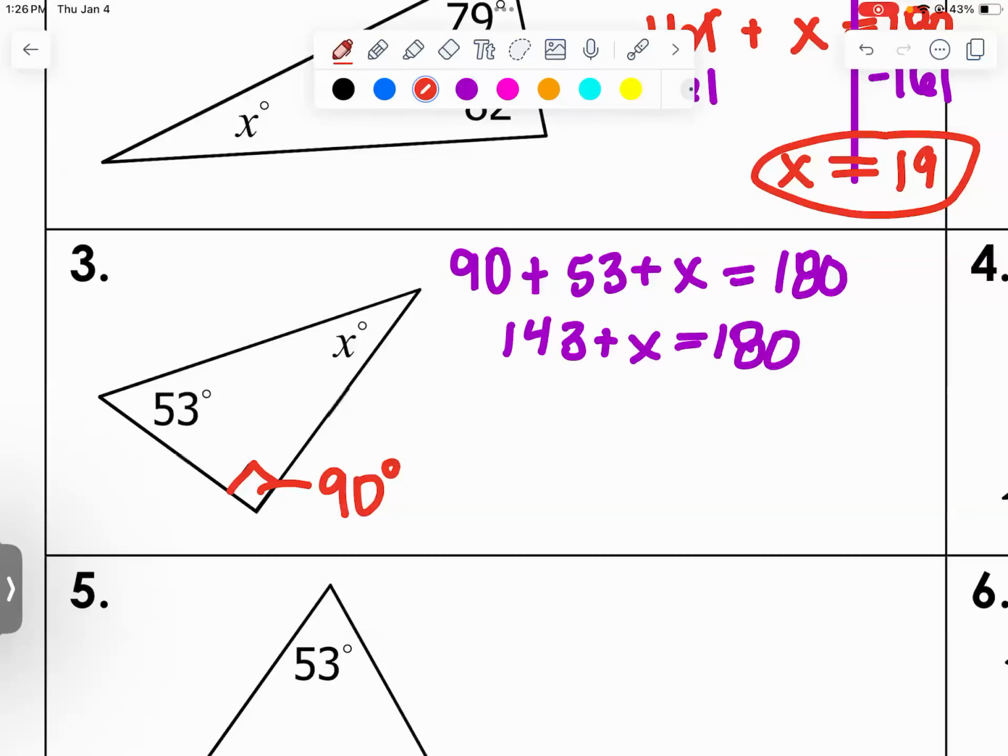Okay, is 90 plus 53 143? Did I do that right? Okay, so then when we subtract 143 over, Austin, what's X? Nice.